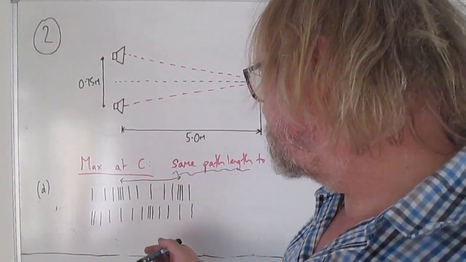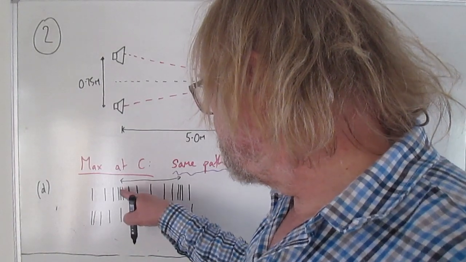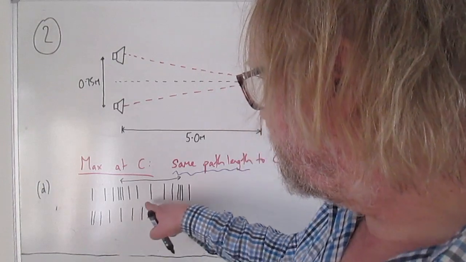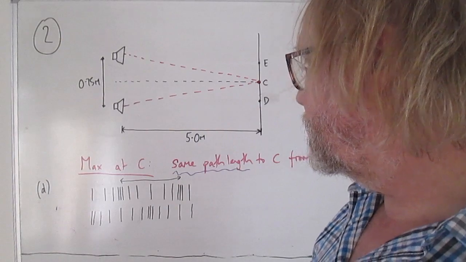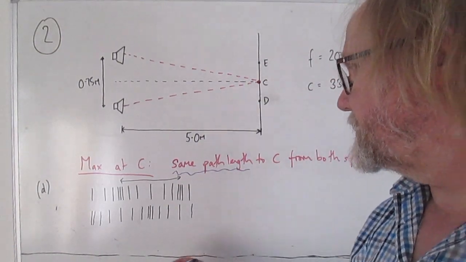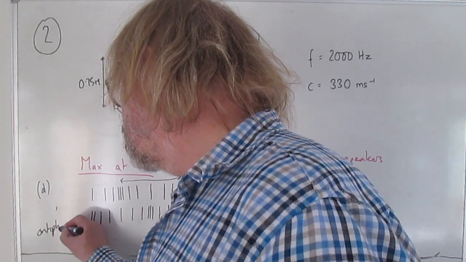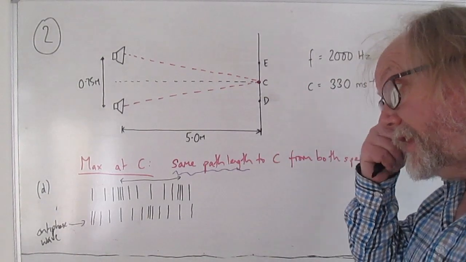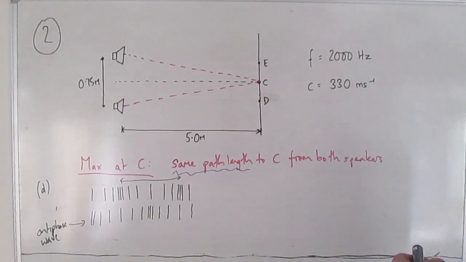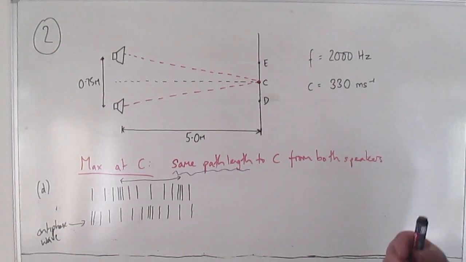So it's an anti-phase wave because you've got a compression here, a rarefaction there, a rarefaction there, a compression here, a rarefaction there. And you can see that that situation is going to arise if the distance travelled by the wave differs by half a wavelength or an odd multiple of half wavelengths.